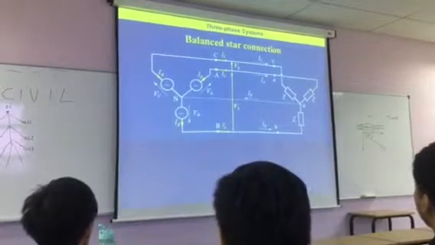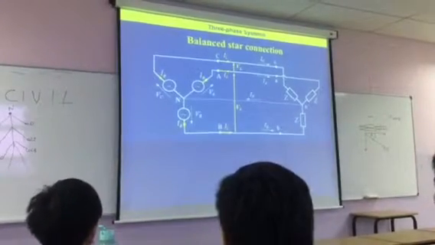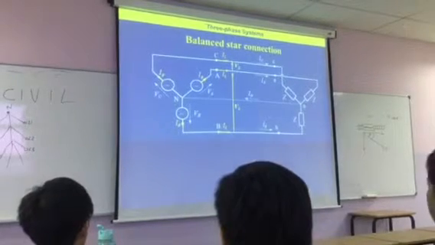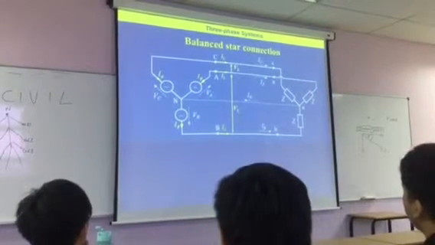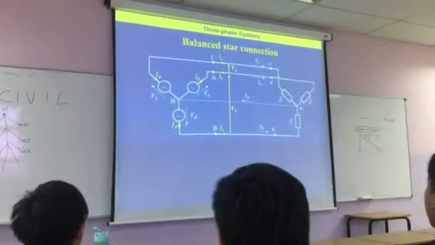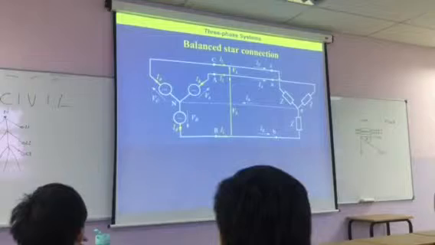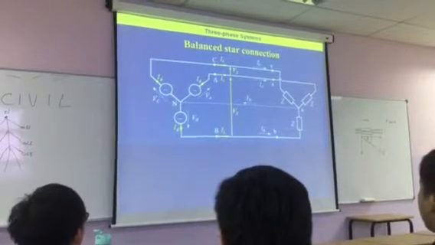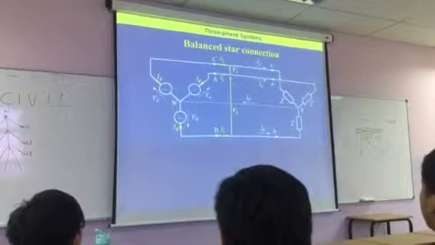Okay, there's a line voltage. So we've got a line voltage between A and B, and we've got a line voltage between A and C. And for a star connection, that's basically the way that we tend to find it. As you see, there is none between B and C.